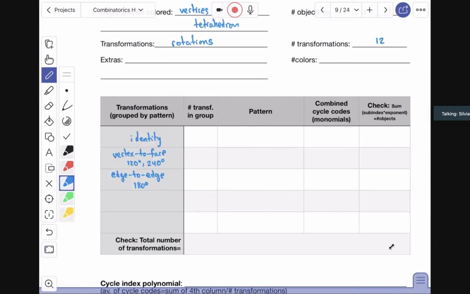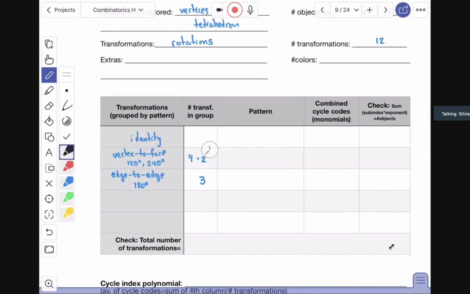And I have one rotation per pair of opposite edges. So this one goes with the one that's under this. And I have 6 edges total. So I have 3 pairs because I have 6 edges total. So I have 3 of this. And for the vertex to face it's 1 per vertex, right? So 4 of them, one per vertex. But then I have 2 of them because it's 120 and 240.